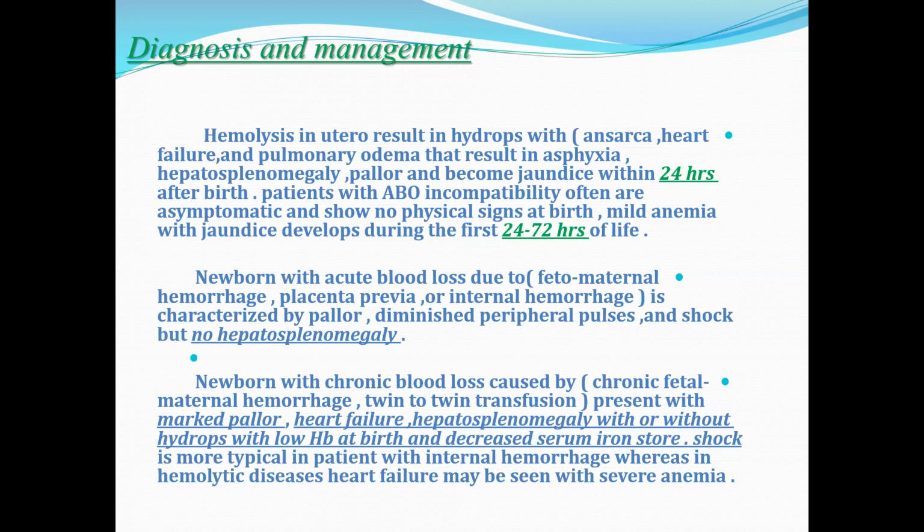So these signs and symptoms differentiate the chronic process from the acute process. Shock, of course, follows the acute process like hemorrhage, while severe anemia follows chronic hemolysis.